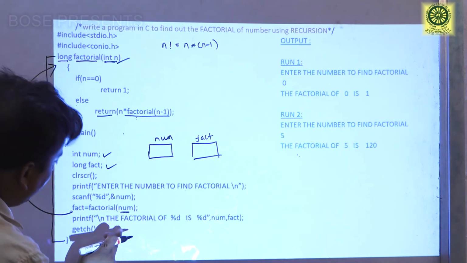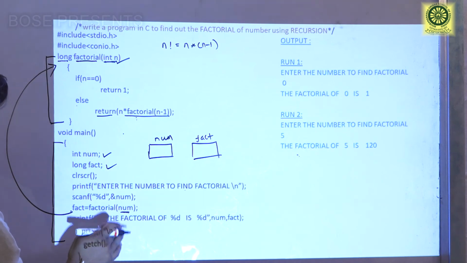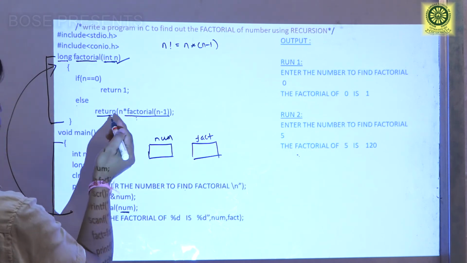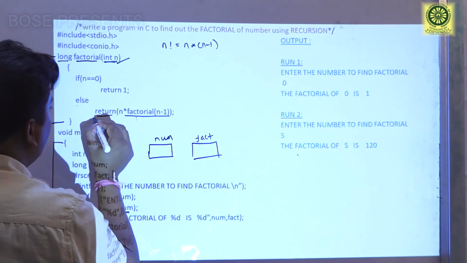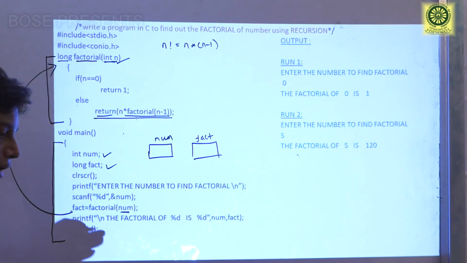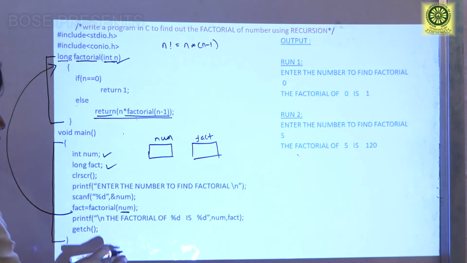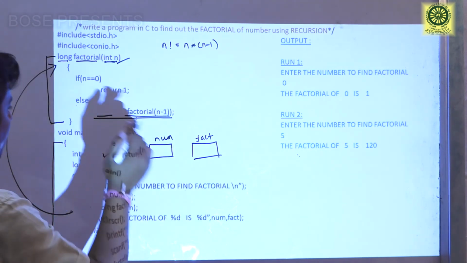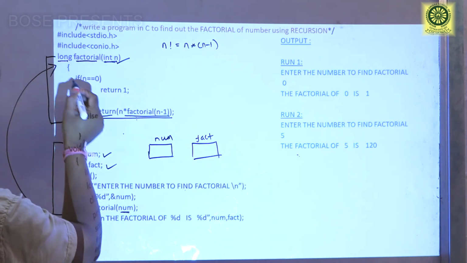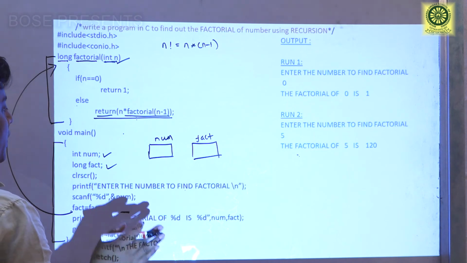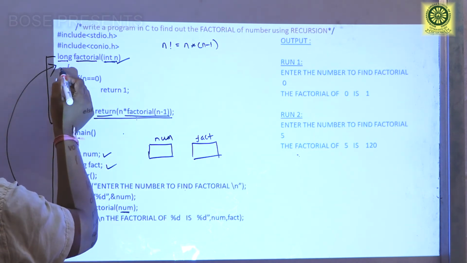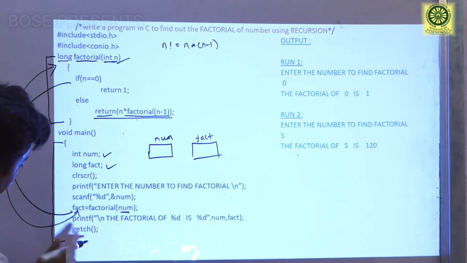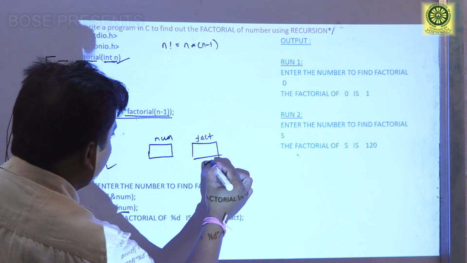Whatever number is given as input, the factorial of that particular number will be calculated by this line if that number is greater than 0. So let's run. After calculating the factorial of that particular number, the value will be sent from this function to this, and that value will be stored in this memory location.